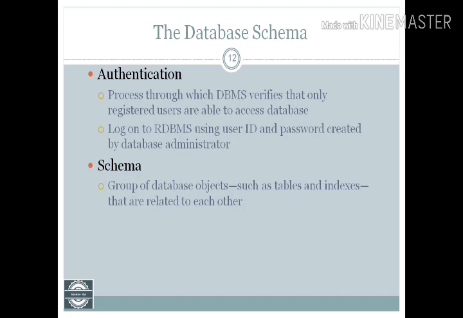After that, the schema part is coming. A schema is a group of database objects, such as tables and indexes, that are related to each other. So at first it will be defined in such a way. When it is created, that means the database schema is already created, and our structure is now created.